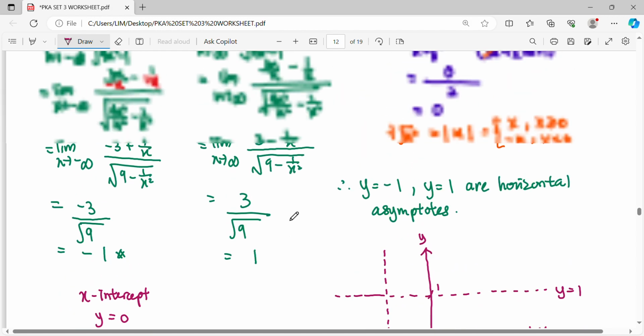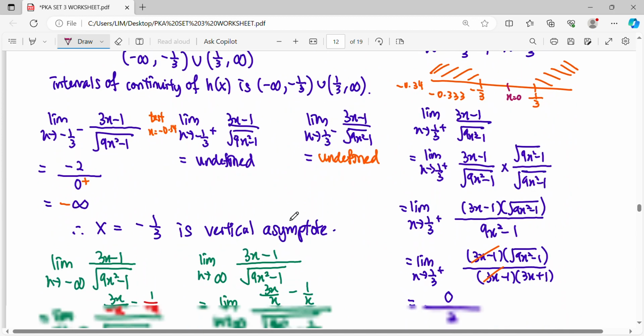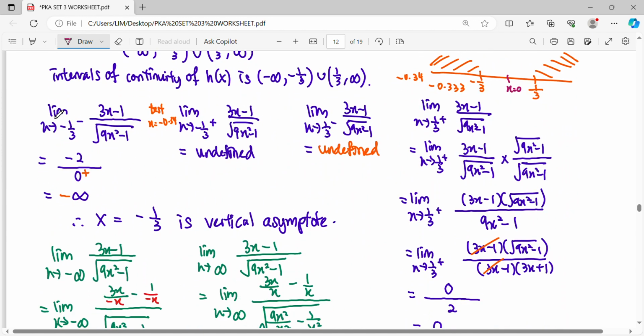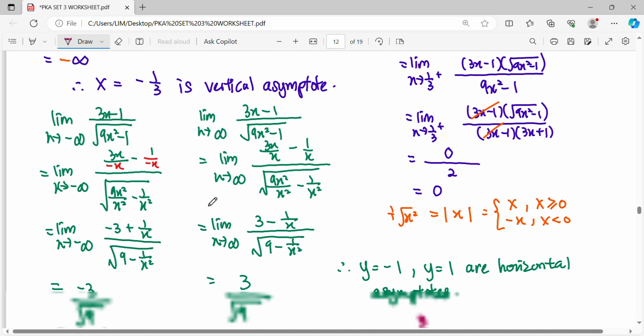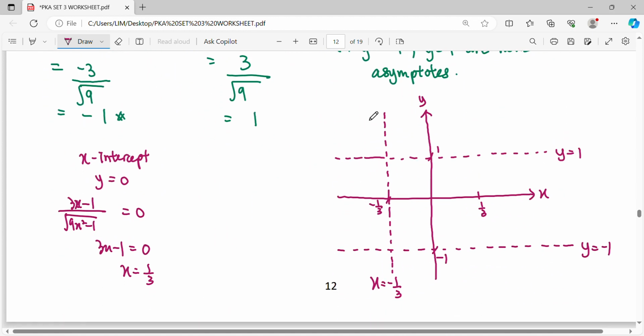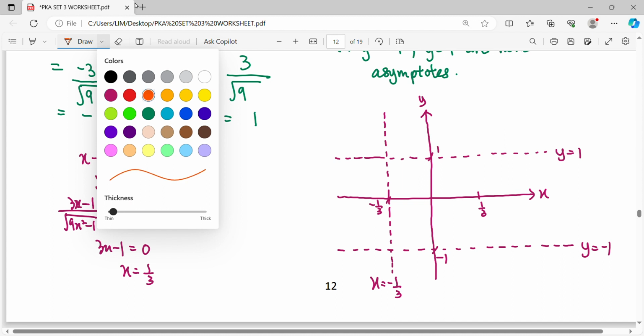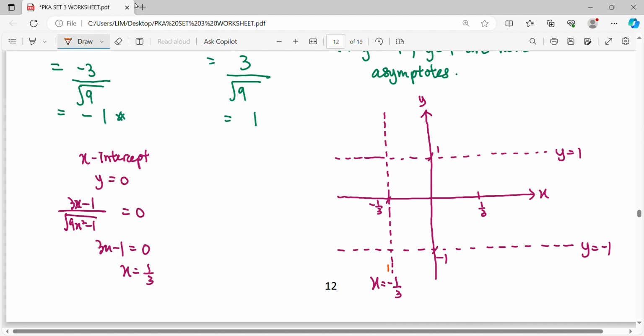Alright. Then, secondly, when you read limit approaches -1 over 3 from left hand side, function going negative infinity. So when you near to negative 1 over 3 from left hand side, your function going down. Correct? Negative infinity, function going down, right?